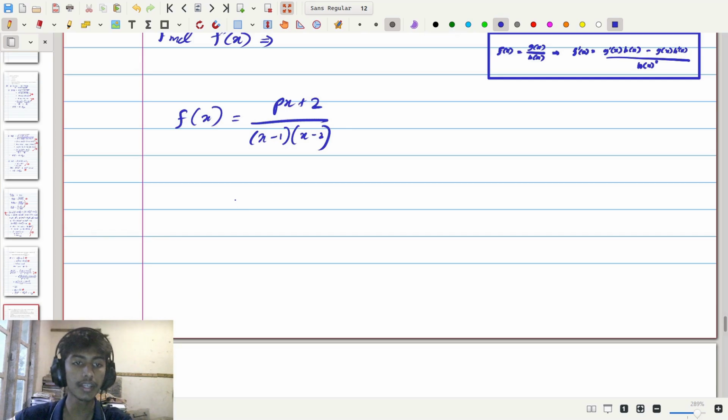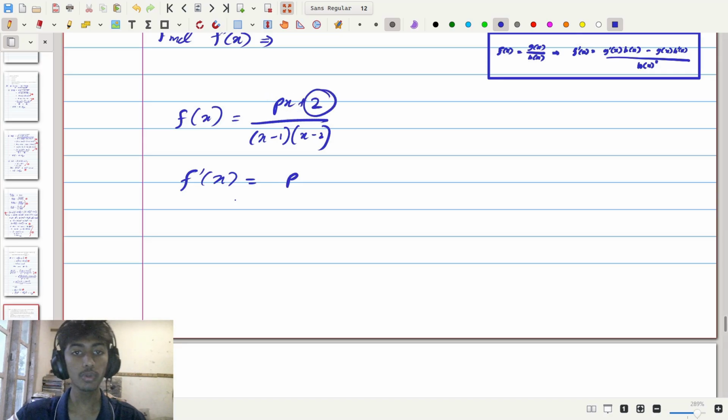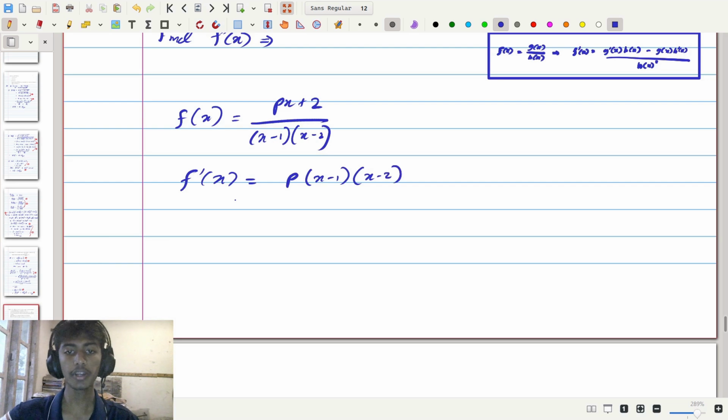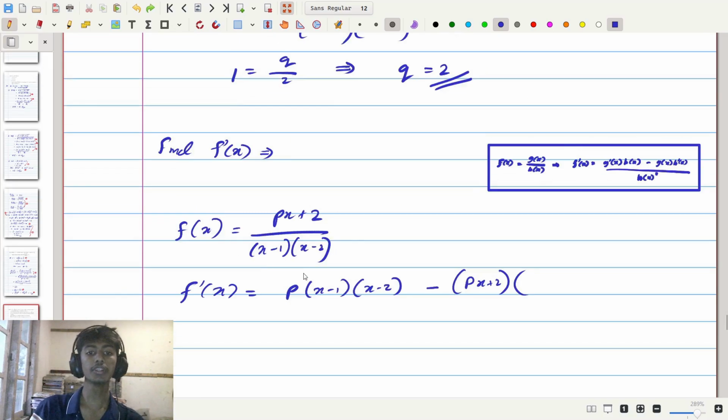Now f prime x is going to be equal to g prime x, which is this function's derivative, which is going to be p plus 0, which is just p, since the derivative of px is p and the derivative of 2 is 0, times h of x, which is x minus 1 times x minus 2, minus g of x, which is px plus 2, times h prime of x, which is going to be the derivative of x minus 1 times x minus 2.